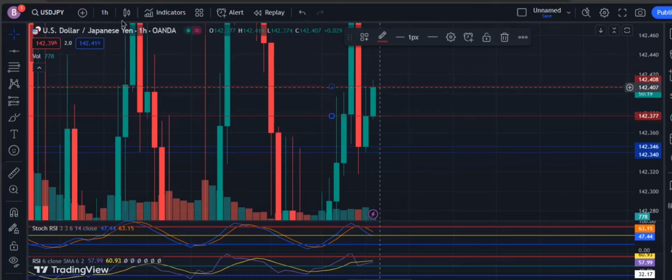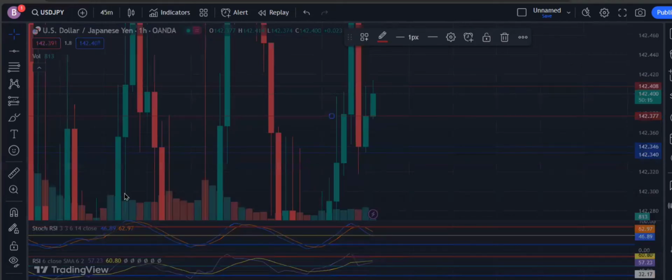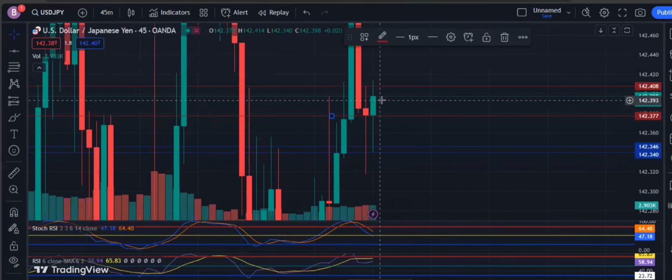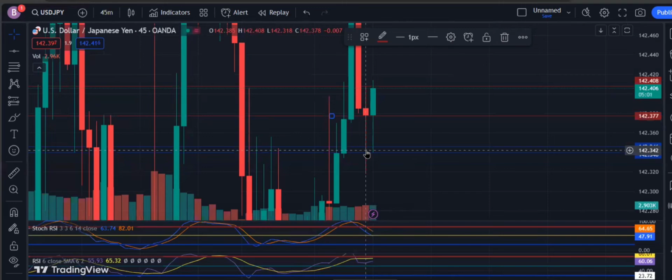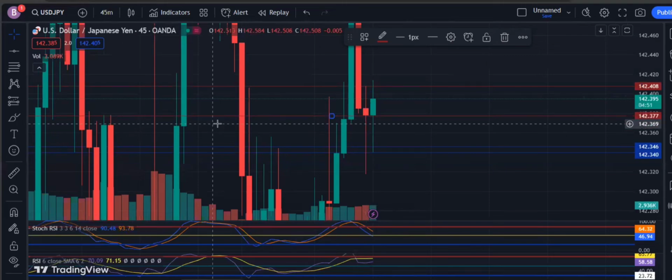Now, what do I do next? I go over to 45 minutes. I click on it, and the same thing I did on the 1 hour is the same thing I'm going to be doing on the 45 minutes. Remember, on the 1 hour, we concentrated only on the previous candle. So I will still concentrate on the previous candle on the 45 minutes. I still repeat what I did.